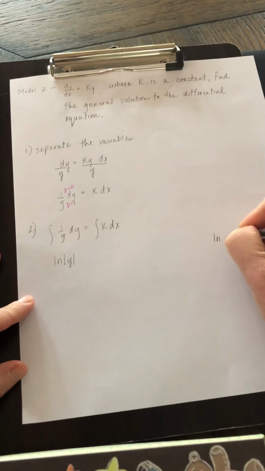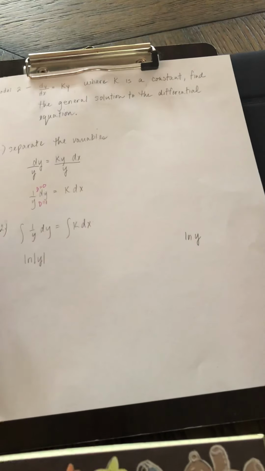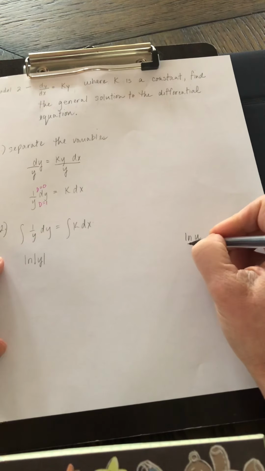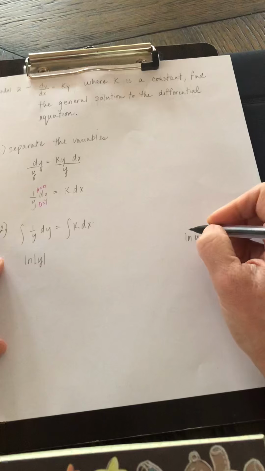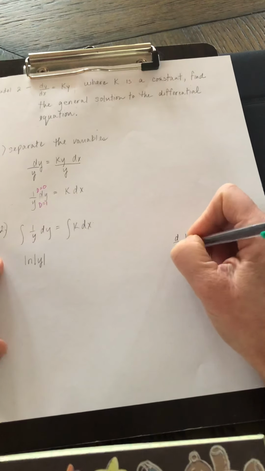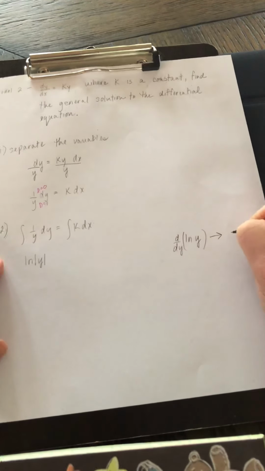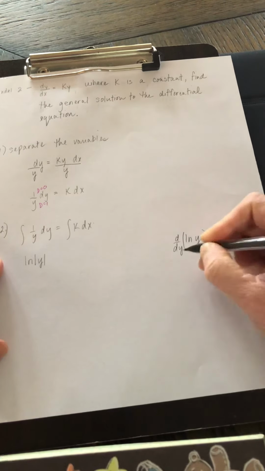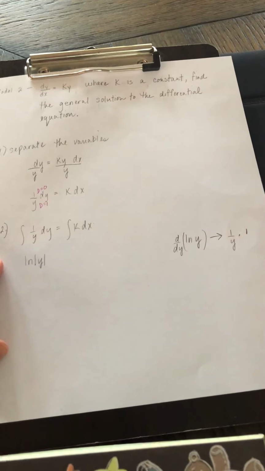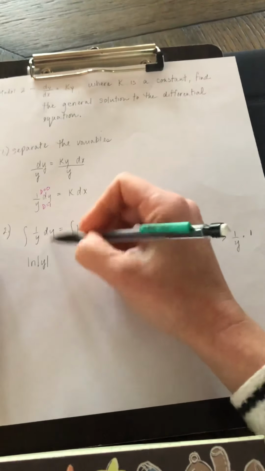And what we're going to do over here is just double check. If this is the original function and we find the derivative, the derivative would be 1 over y times the derivative of y. We're in terms of y, so we would say it's 1. So we are really good to go over here.